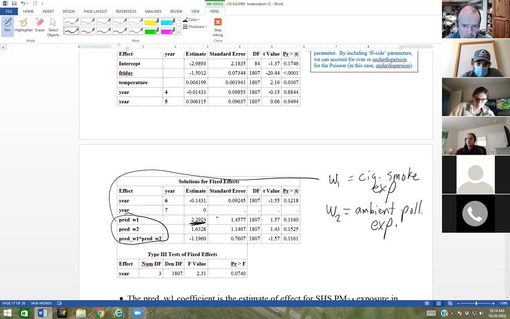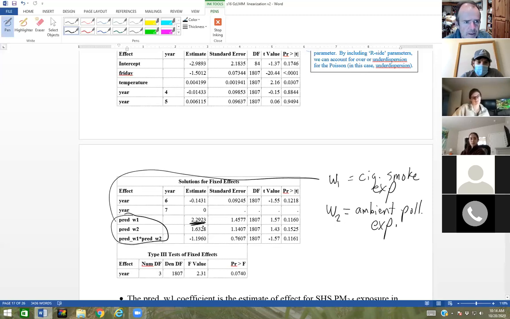It's positive, right? And we know the outcome is rescue inhaler use. So this would be the estimate of the relationship between cigarette smoke exposure and rescue inhaler use, specifically at what?